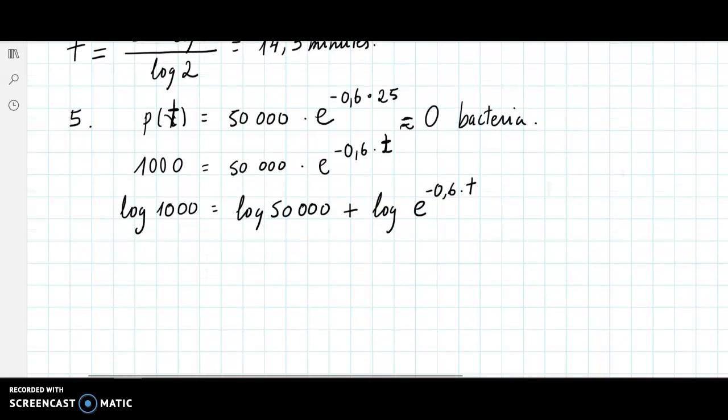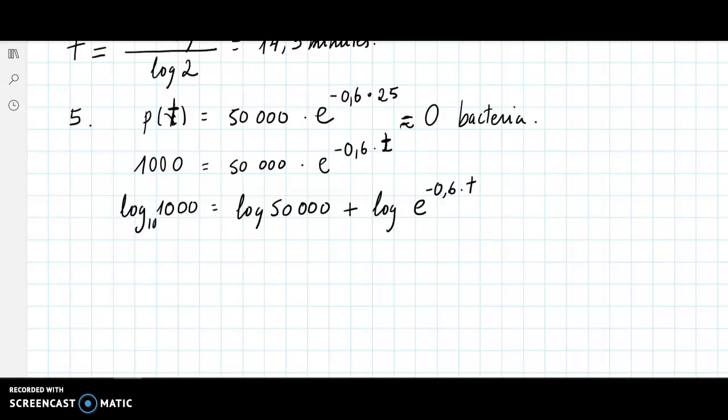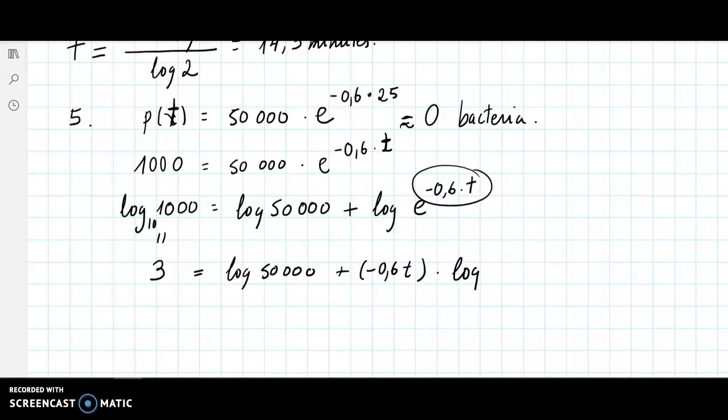The log of 1000, this logarithm is base 10, so you can write the solution because it's going to be exact, a whole number, 3. It's not decimal, so it equals the log of 50,000 plus, I put the exponent as a factor, and then the log of e.